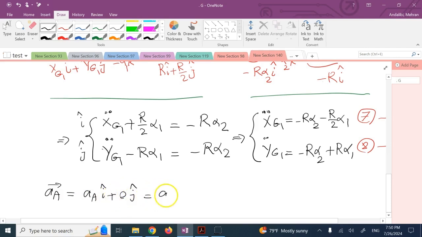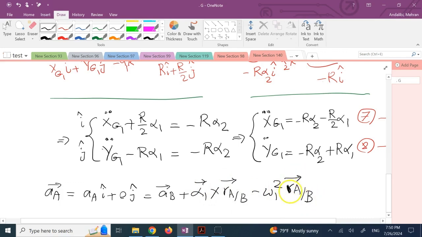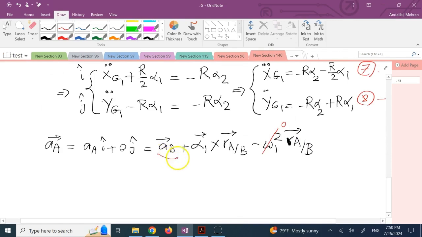This is equal to a of B plus alpha of member 1 cross r of A with respect to B, and then minus omega of member 1 squared, again r of A with respect to B. And again, omega is 0 at the moment for both members. And this one, I just have it.